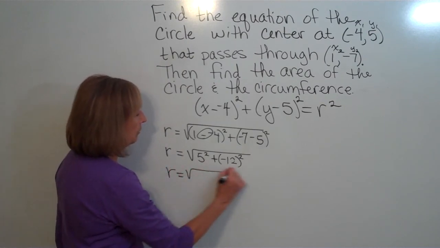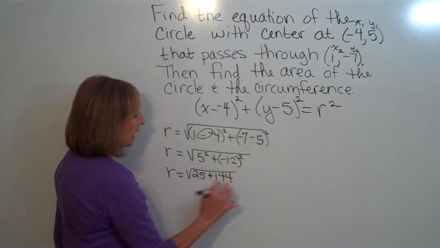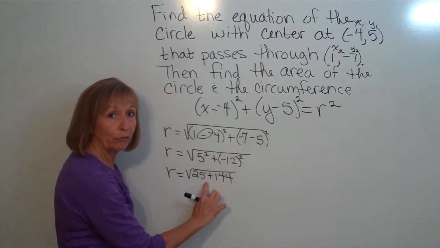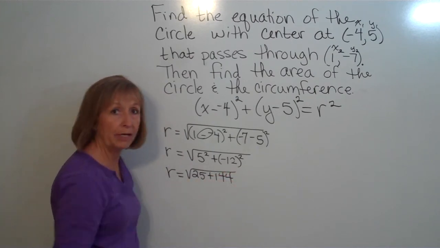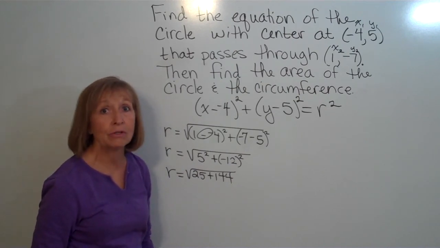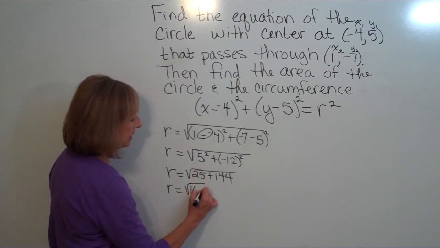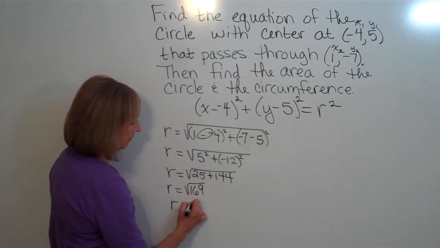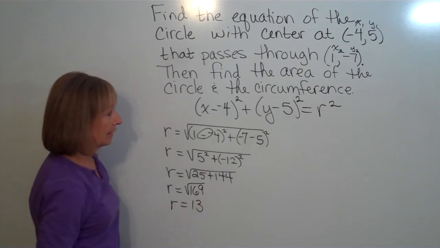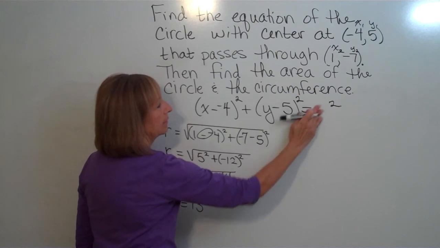So r is the square root of 25 plus 144, and you have to add these together before you do the square root. You can't break a square root up over addition or subtraction. It does not give you the correct value. So r is the square root of 169, which is 13. So then that gives me r is 13.